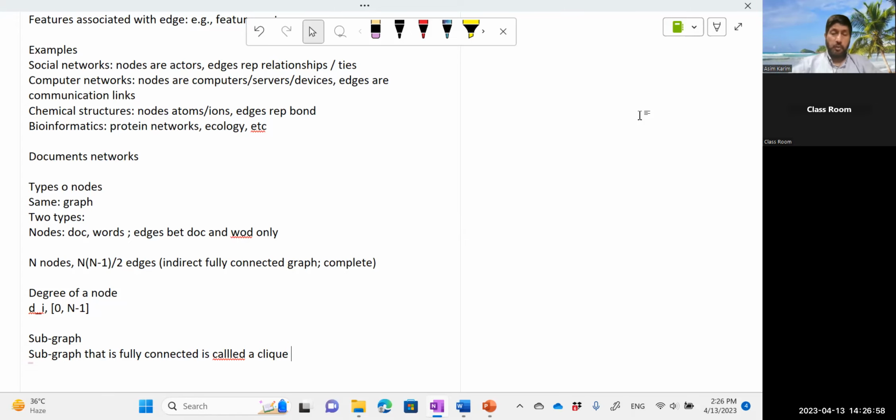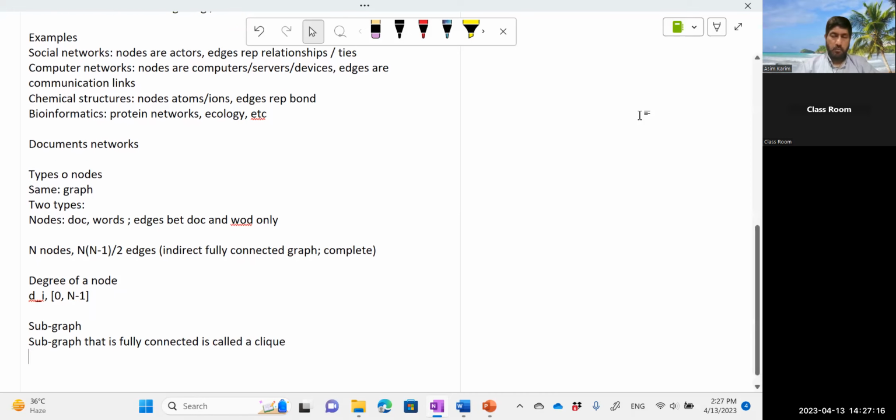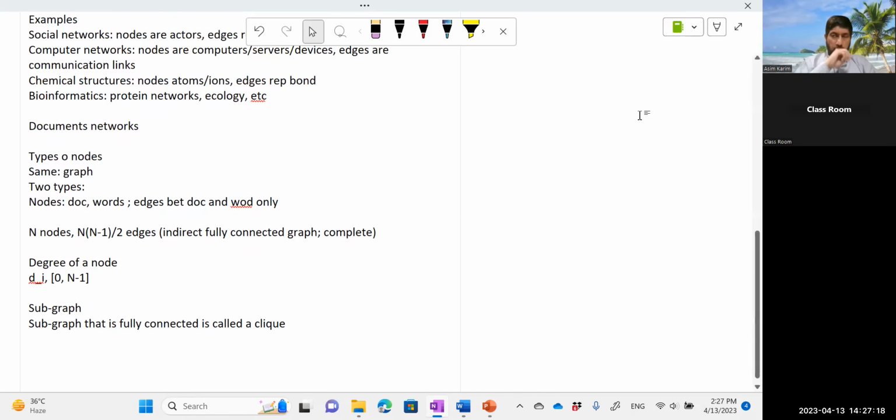We will look at community discovery a little later in the next lecture. So I think we have covered most of the terminologies and concepts.